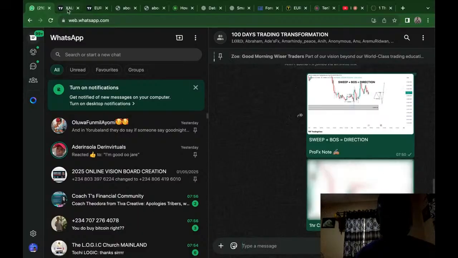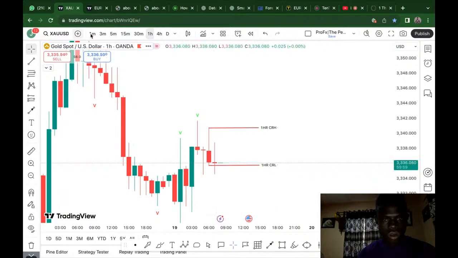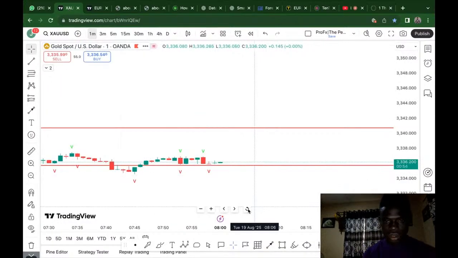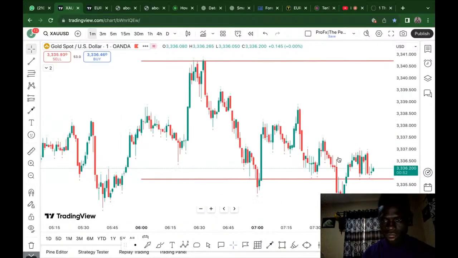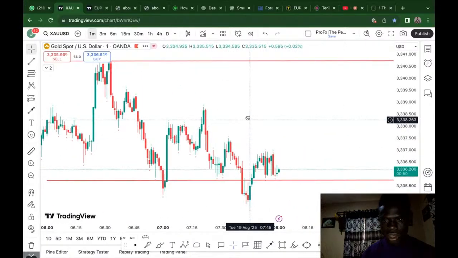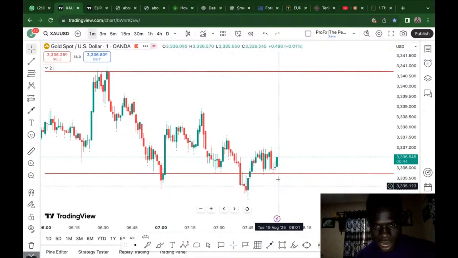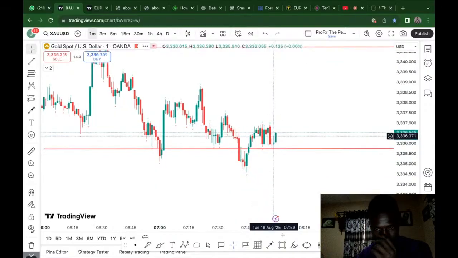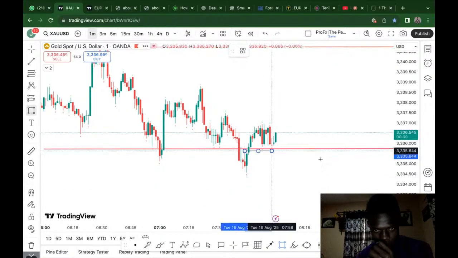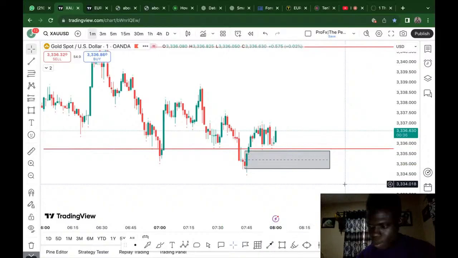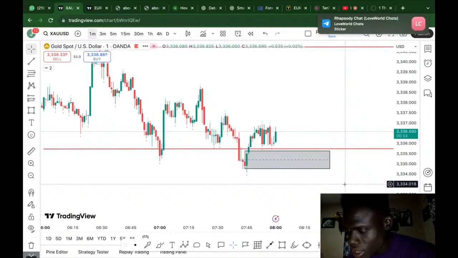Okay, it's 8 o'clock. Let me be on 1 minute. It's 8 o'clock, confirmed. So my first buy is here. My second buy will be when price comes back to this other block. Let me enter a risk buy.